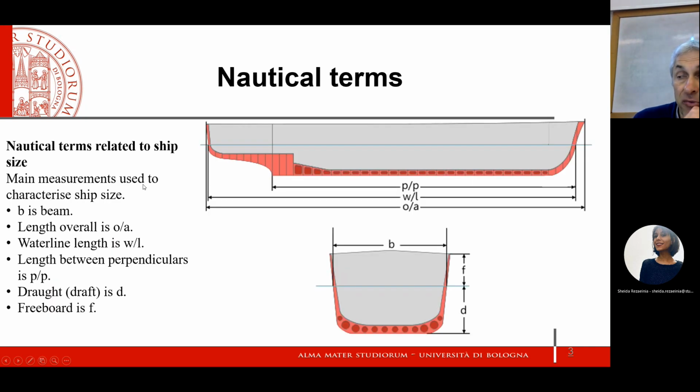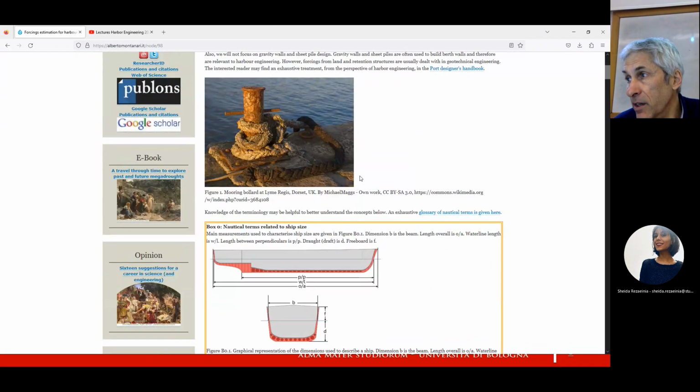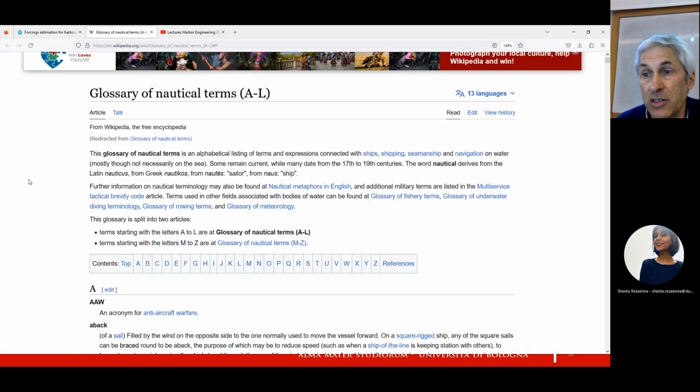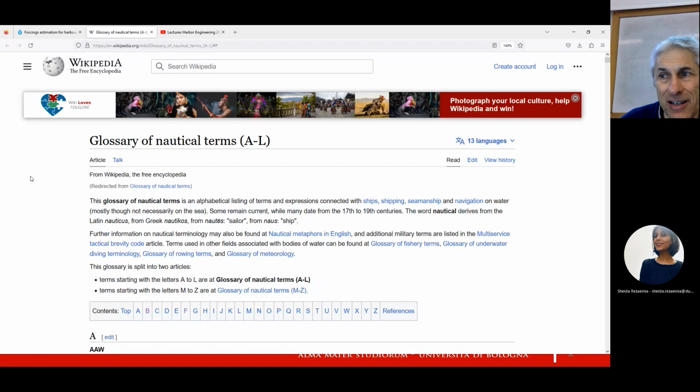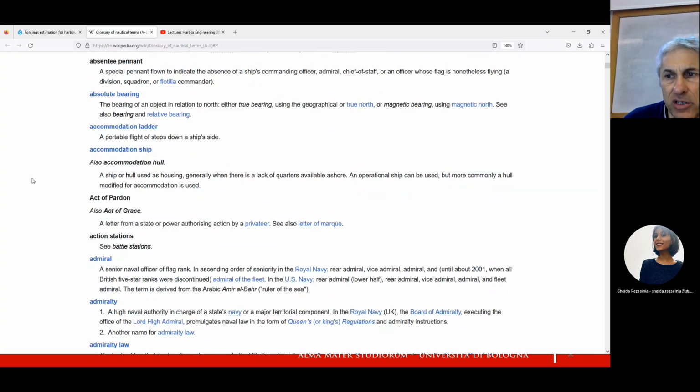Okay, now, before I start, some mention of nautical terms, and let me go back to my web page, because I want to show you one link here. There is a wiki with a glossary of nautical terms, which is linked in the web page. It is very useful, because there are really several terms used in harbour engineering and in nautics. Here there is a full list.